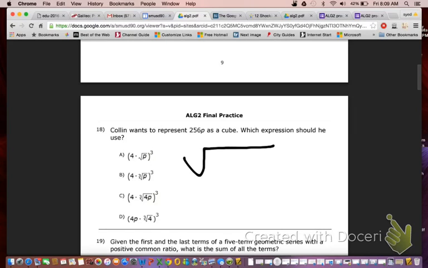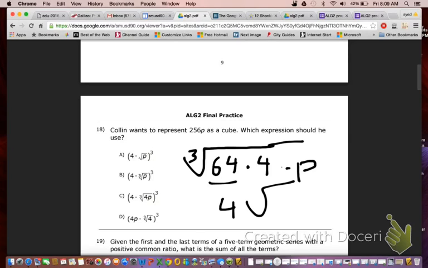So I would do 64 times 4 times p. Right, and remember you could underline the one that's a perfect cube. So 4 times 4 times 4 is 64, so you get 4 root 3 and then 4p.